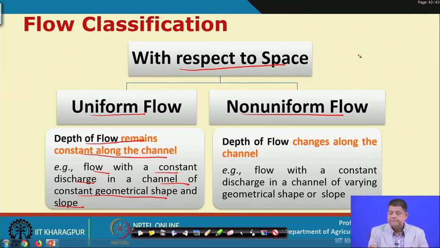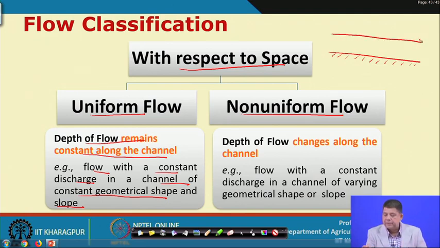So, if you have a channel, and if this is the channel bed, and the flow is taking place, uniform flow means the depth here, and if we measure depth, if this is y 1 and this is y 2, then y 1 will be equal to y 2.